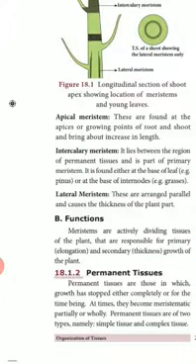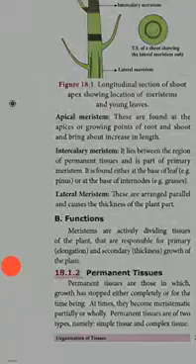So these two characters are done by the meristem. Because of the meristem, growth occurs, and at the same time the thickness of the stem is also carried by the meristem. Thank you.